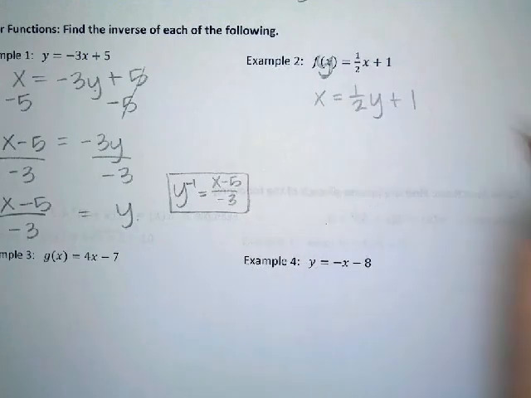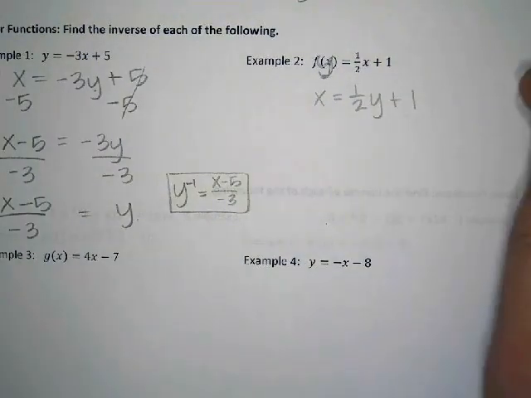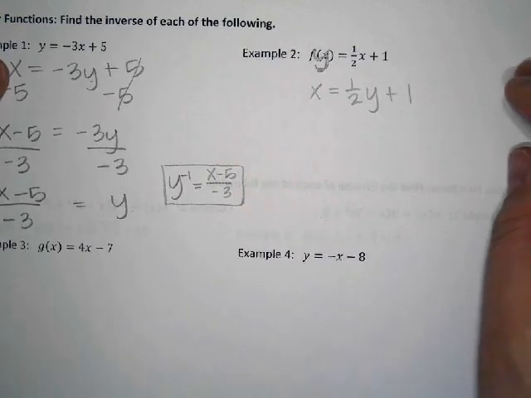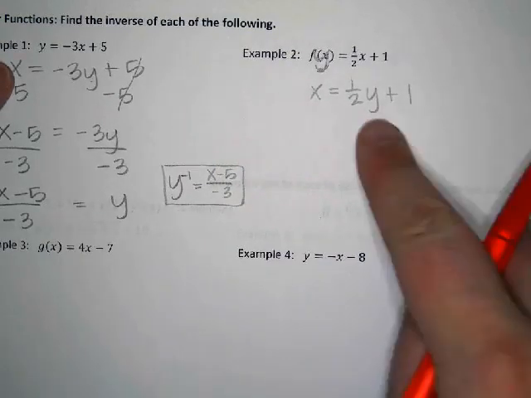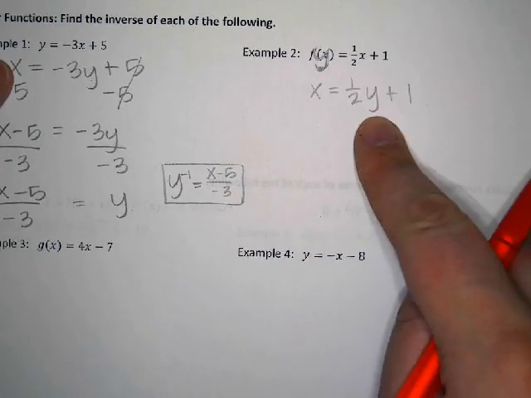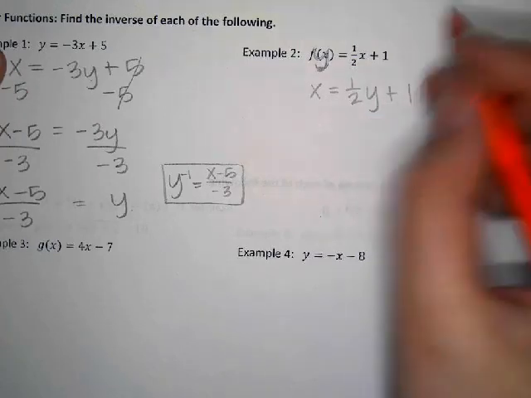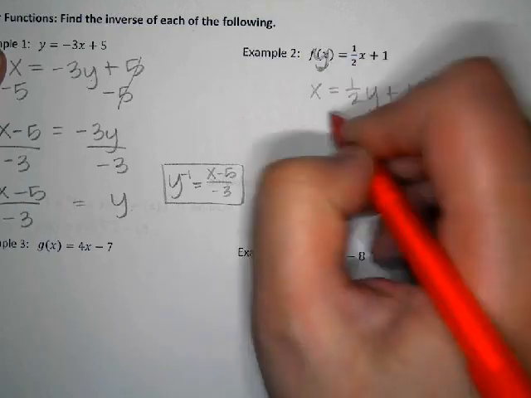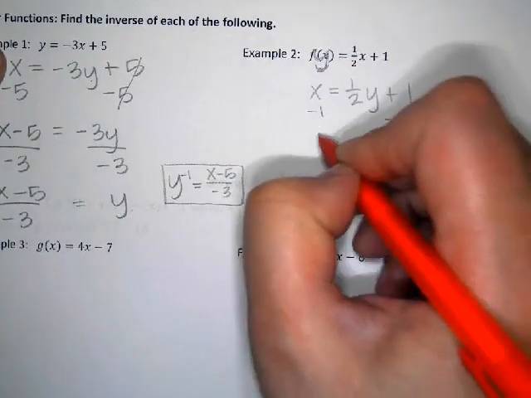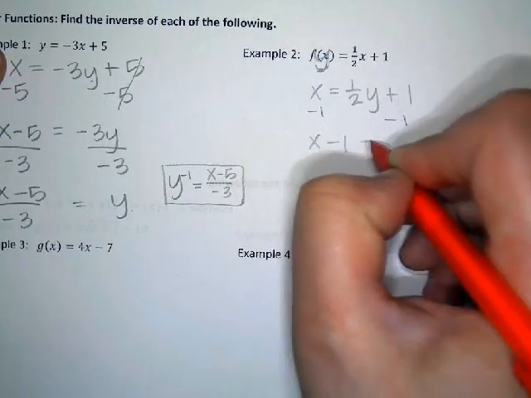And then I'm going to get the y alone. What's the first thing I could do? I'm going to move the 1. So I'm going to minus 1, minus 1. So I have x minus 1 equals 1/2 y.